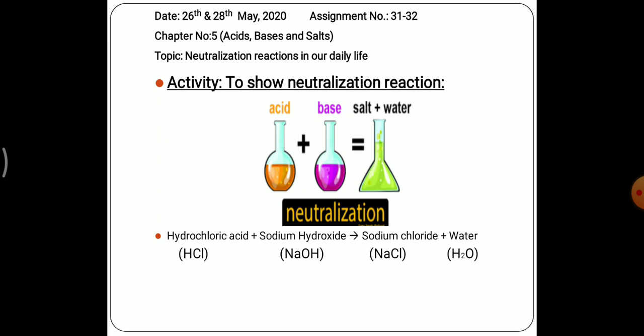So these are the products, that is sodium chloride and water, after neutralization reaction. I hope now you are clear with the help of this slide, and I have given you a picture also, showing how acid is reacting with base to form salt and water. And here the salt, sodium chloride, is nothing but a common salt.